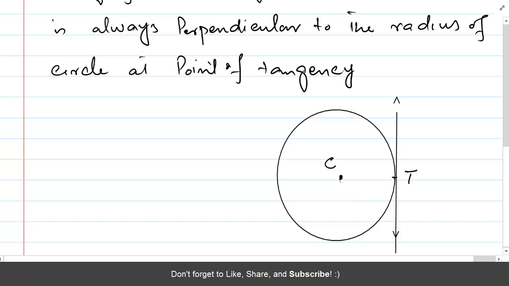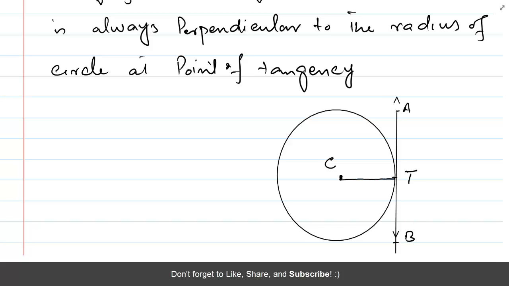Now the distance CT, as you know already, will be called the radius. And if we have 2 points, A here and B here, then the line AB is the tangent line, and CT is the radius of the circle, and T is the point of tangency, the point where the line AB is touching the circle.